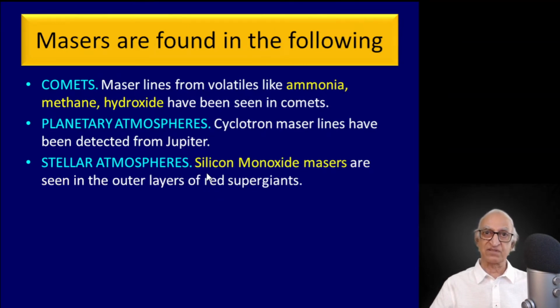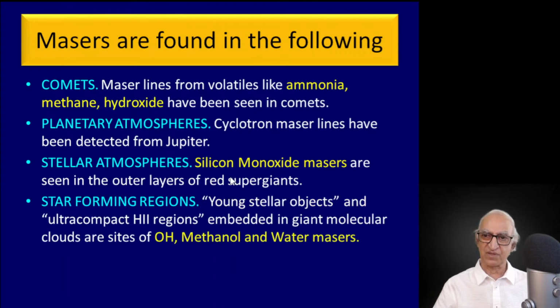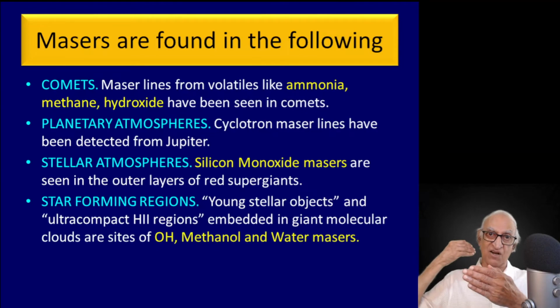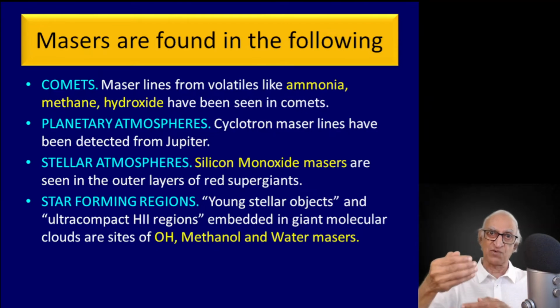Stellar atmospheres, red supergiants, have a lot of dust in the outer layers. There is a lot of infrared radiation. You have pumping radiation. So you have silicon monoxide masers in the outer layers of red supergiant stars. Star-forming regions where there is a molecular cloud being hit by a supernova blast wave, you have ideal conditions for maser.